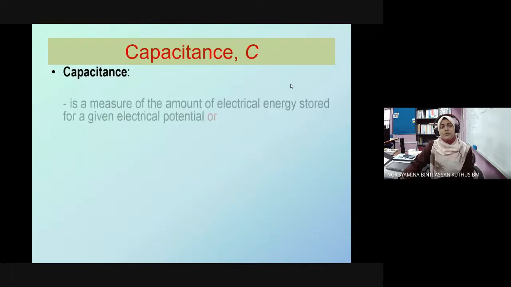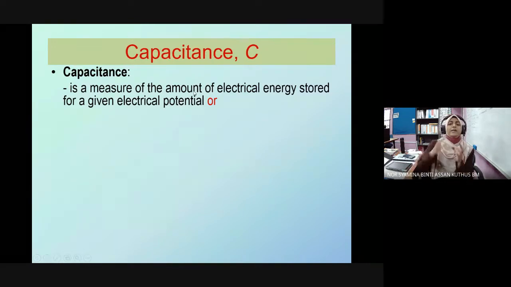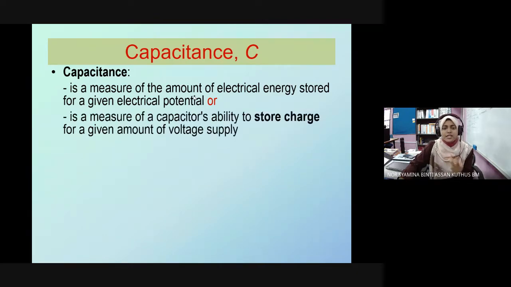Capacitance pula pun sama juga. Kalau capacitor, the function of capacitor is to store energy and release when it's needed. Capacitance is the measure of the amount of electrical energy stored for any electrical potential. Berapa banyak yang dia boleh store energy in that capacitor is measured through capacitance lah. So it's a measure of capacitor's ability to store charge for any given amount of voltage supply.